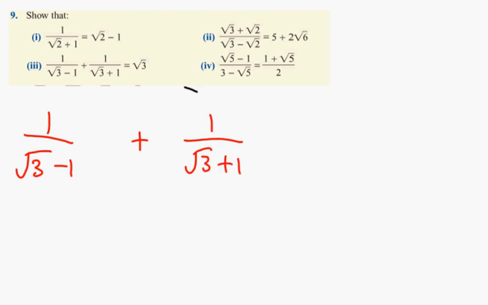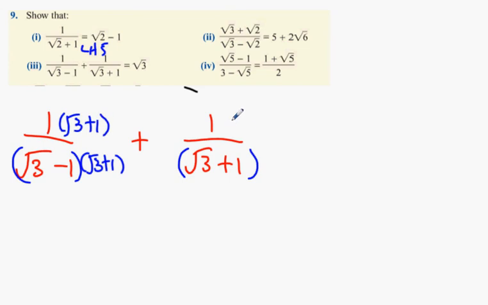We have 2 of them, yeah? So this is the left hand side, the more complicated side. What can we do with both denominators? Do you remember we did it in the last exercise? Root 3 plus 1 and root 3 plus 1, and on the other one? And then on the bottom?